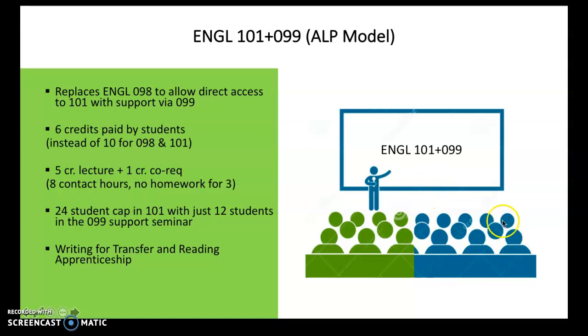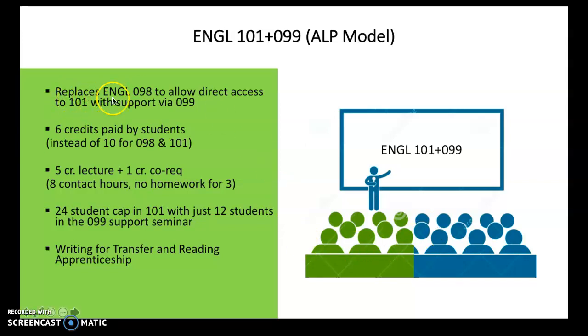Half of those students will also be taking the co-requisite support class 99. When the class meets face-to-face, the co-requisite support portion of the class meets at a different time and sometimes in a different classroom if the class is sometimes being offered in a computer lab.